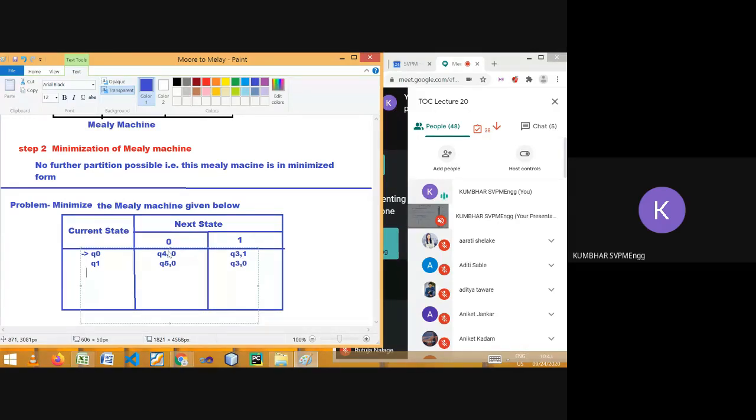Next state is Q2. Q2 on 0 goes to Q4 with output 0, and for 1 it goes to Q1 with output 1.